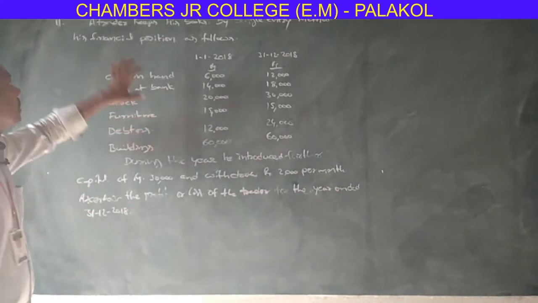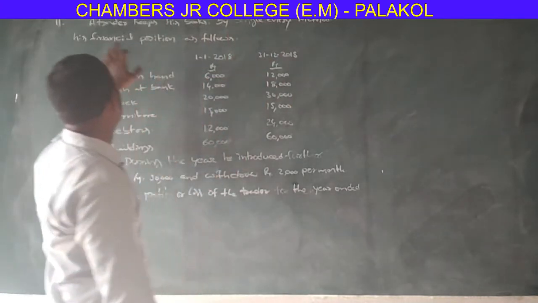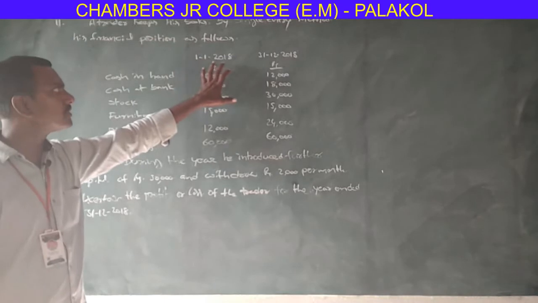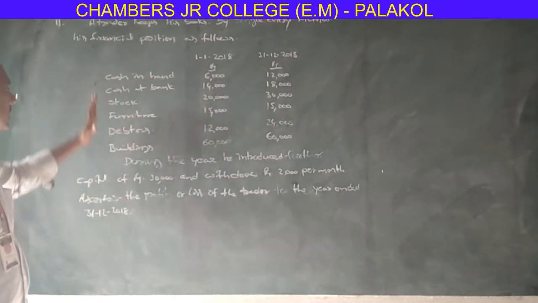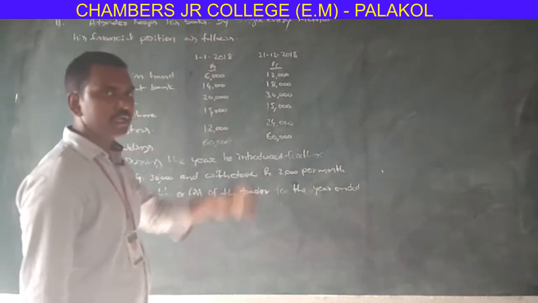Here is the sum. A trader keeps his books by single entry method. His financial position is as follows on 1/1/2018 and 31st 12/2018. These are the assets and liabilities of the year starting and year ending.